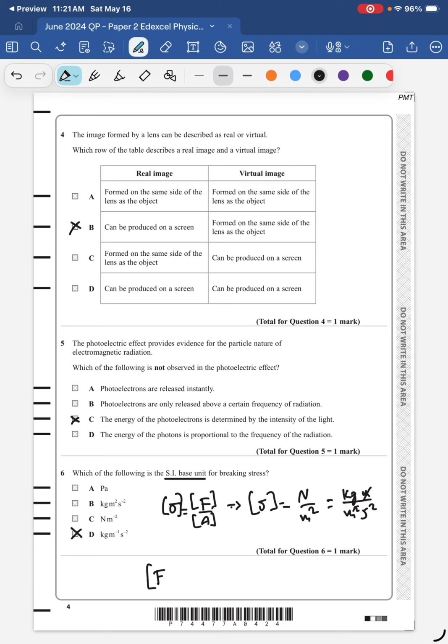Because F is equal to ma, and the force is one of the derived units that have a name, and the unit for force is newtons. Mass is a base unit, kilograms, and acceleration is given in meters per second squared. So that's how I know.